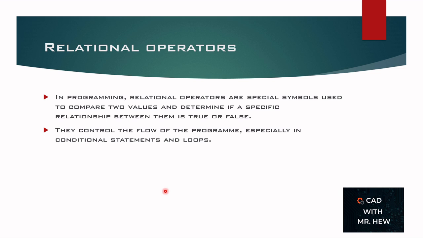Relational operators. In programming, relational operators are special symbols used to compare two values and determine if a specific relationship between them is true or false. They control the flow of the program, especially in conditional statements and loops.